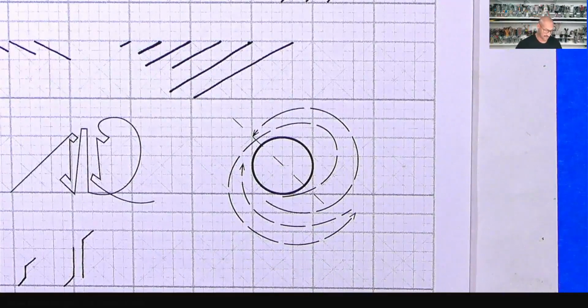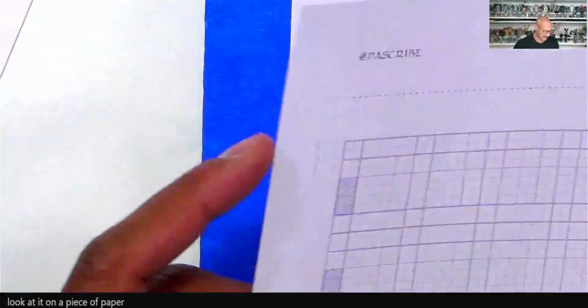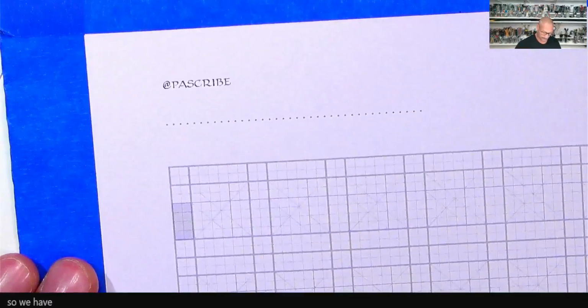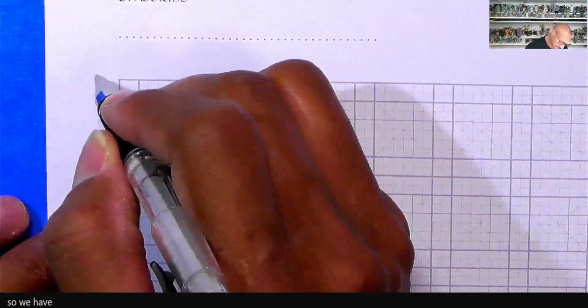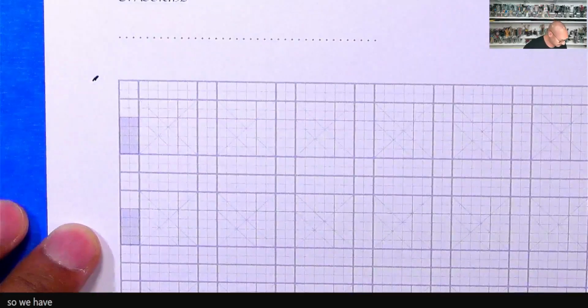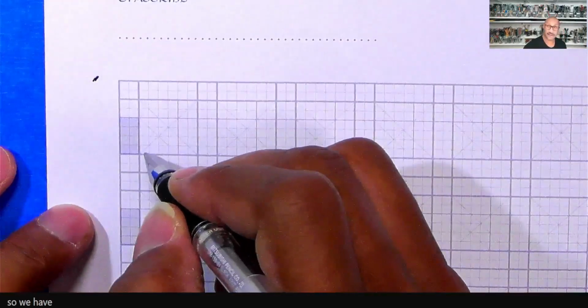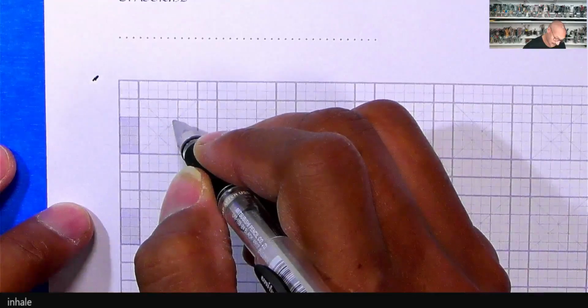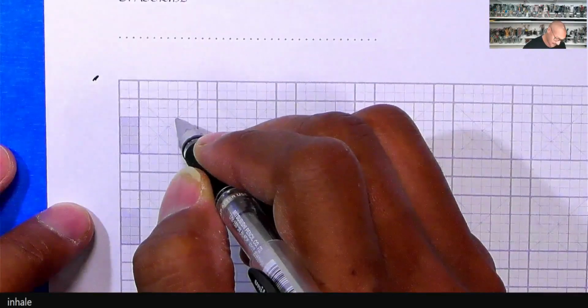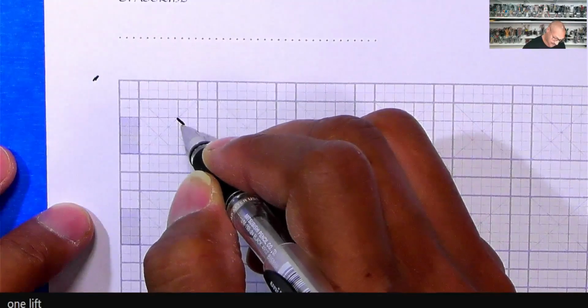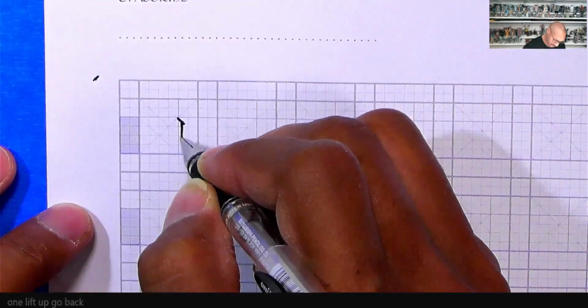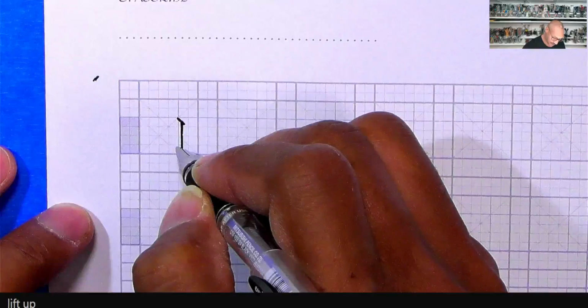So now let's look at it on a piece of paper. So we have, inhale. 1, 1, lift up, go back, down, lift up, go out.